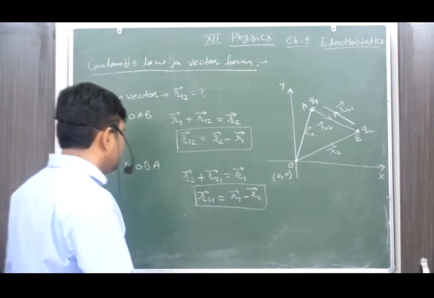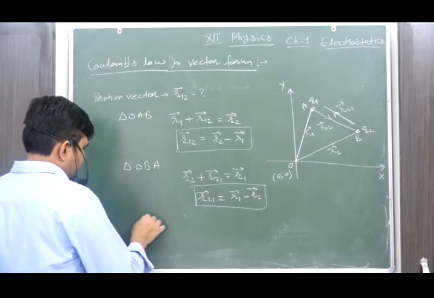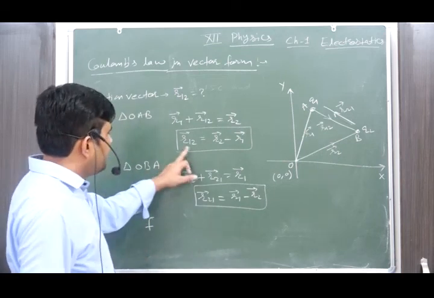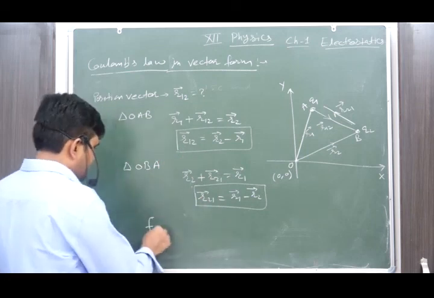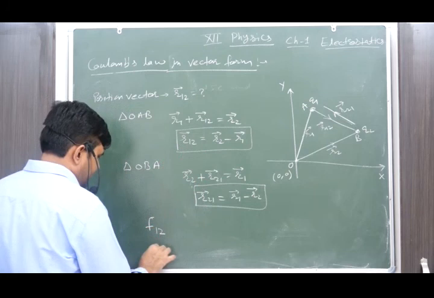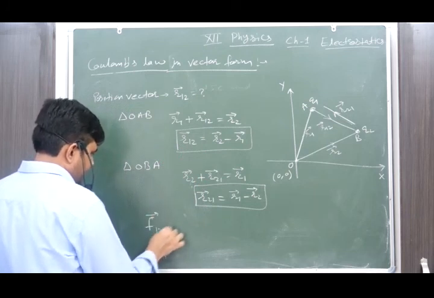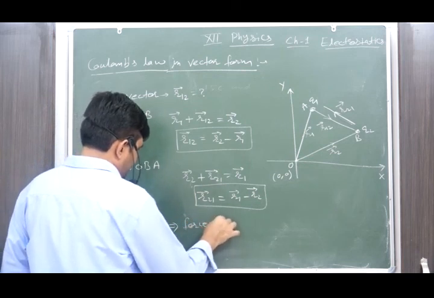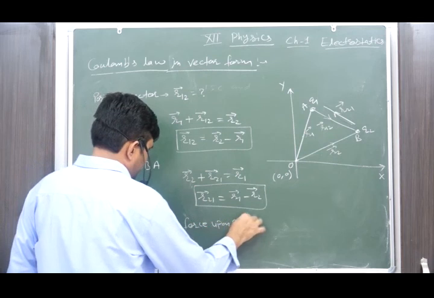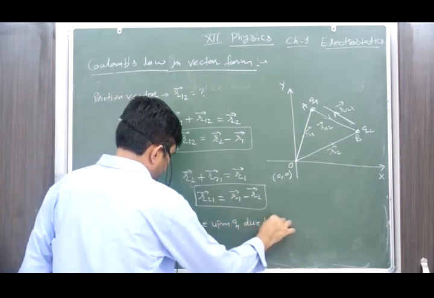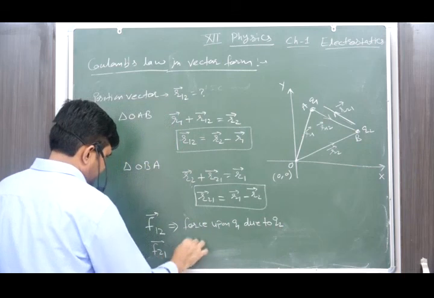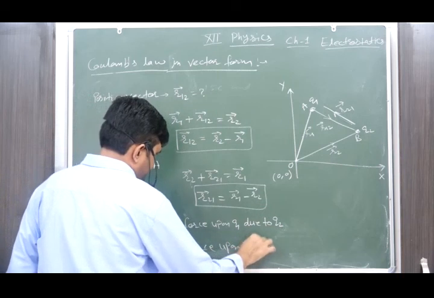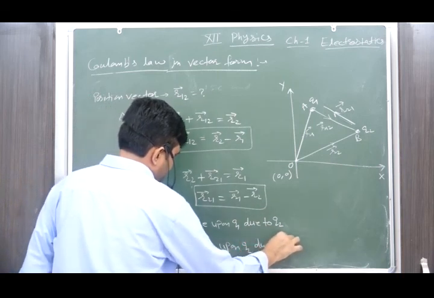Now we are going to write down the Coulomb's law force. Here, as per the nomenclature of R12 and R21, the forces are also defined as F12 and F21. It is the force upon Q1 due to Q2, and the force upon Q2 due to Q1.